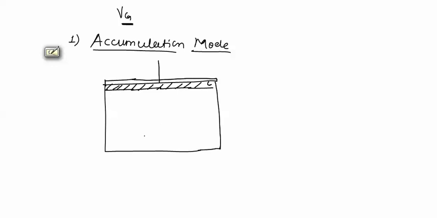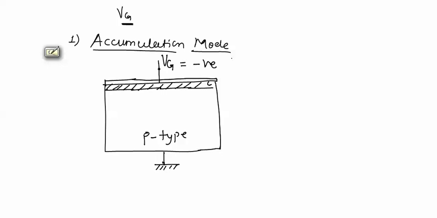We have a MOS capacitor with P-type substrate, and this substrate is kept at ground potential, while we will apply a negative potential at this metal terminal, gate terminal.